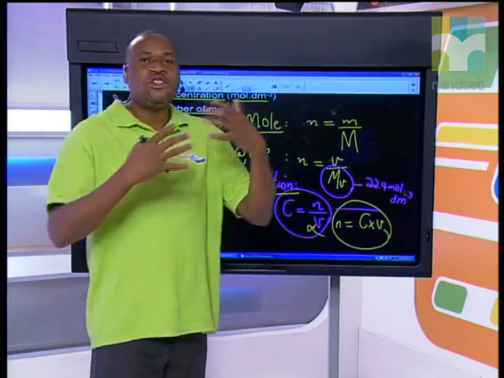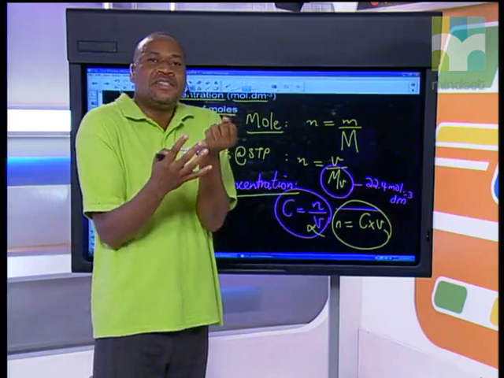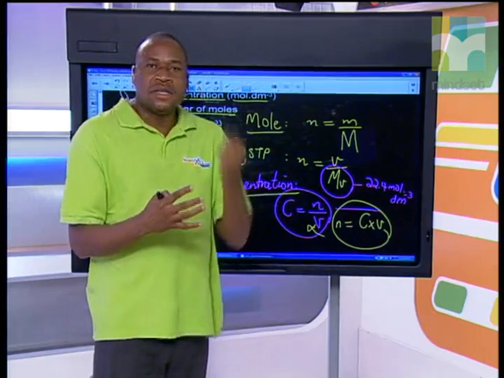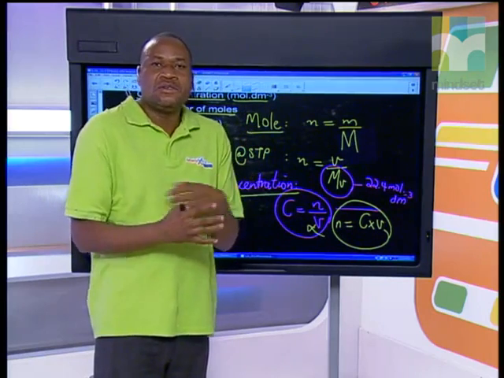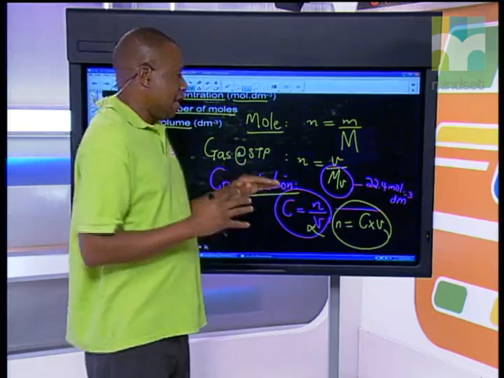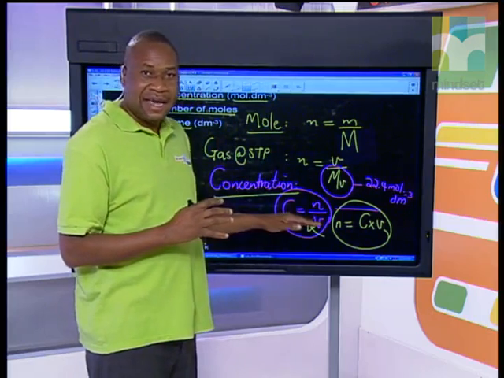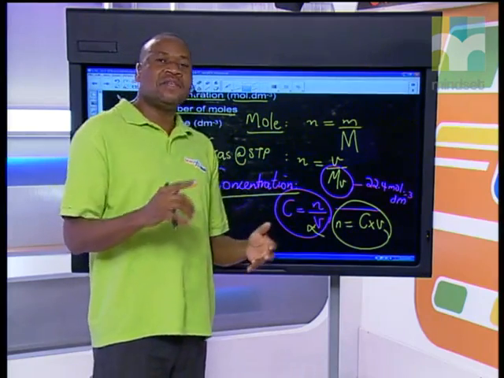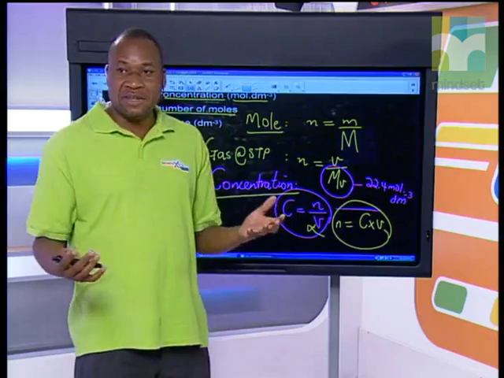If we're talking about an amount of a specific substance, whether it's a gas, a solid substance, or a liquid substance, if we're talking number of moles, that n applies here, and it will also apply when we're talking concentration of that substance. It will apply when we're talking the mass of that substance.